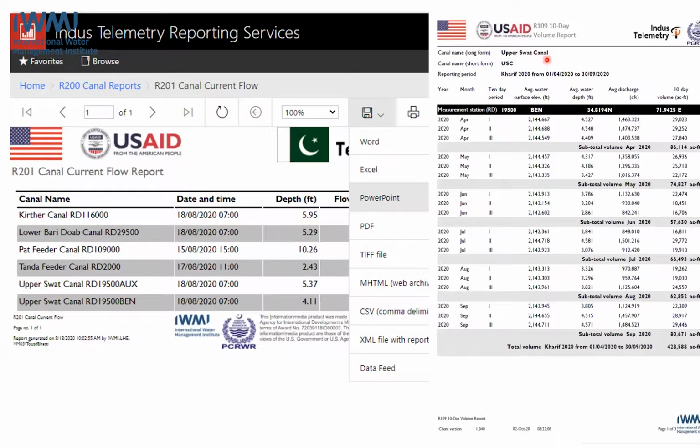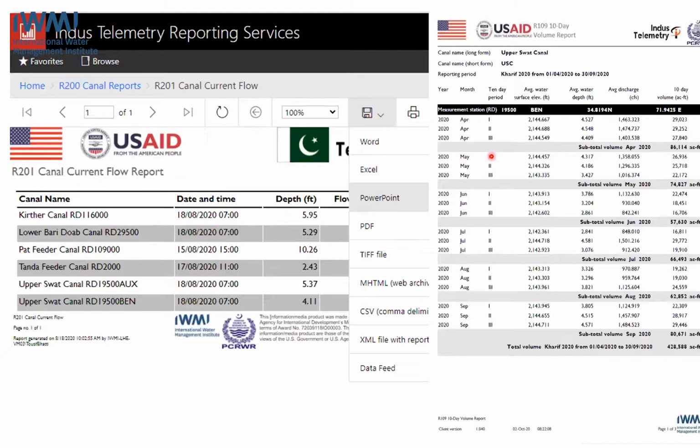For example, this is a report for Upper Swat Canal, where the data reported is for the Kharif season of 2020 from a certain start date to an end date, and the data is organized on a 10 daily basis.